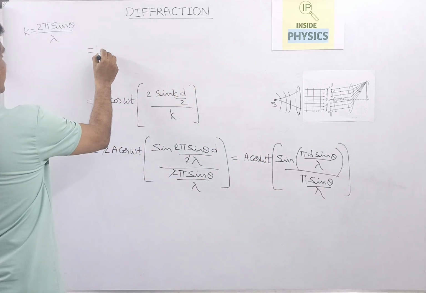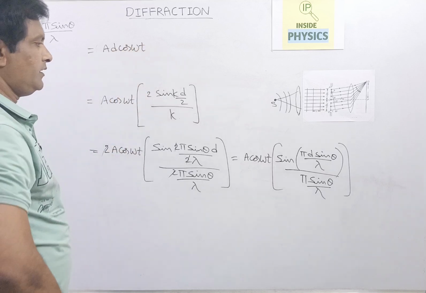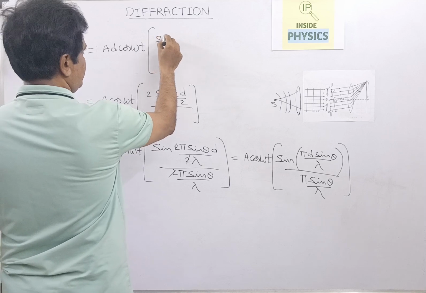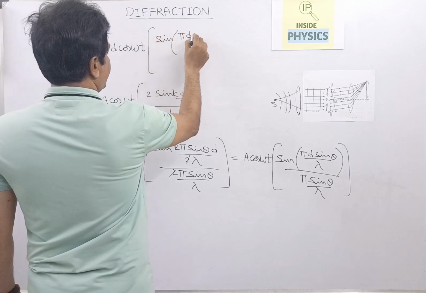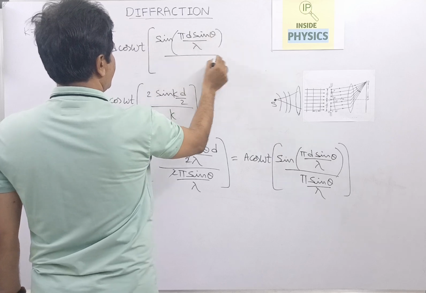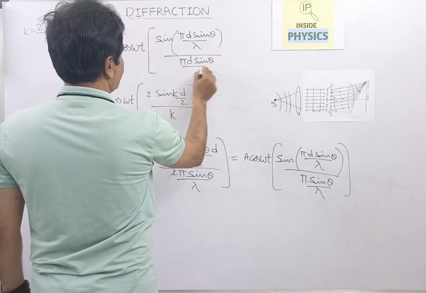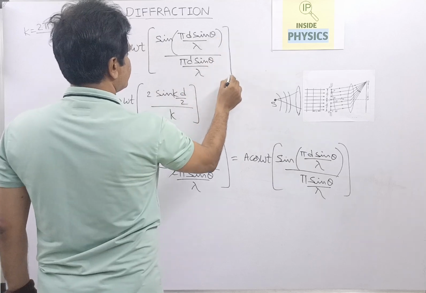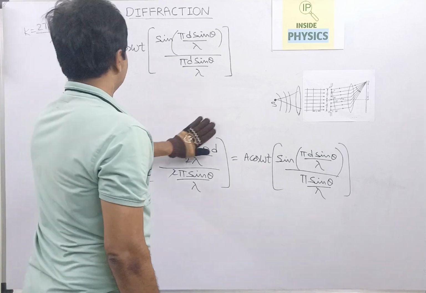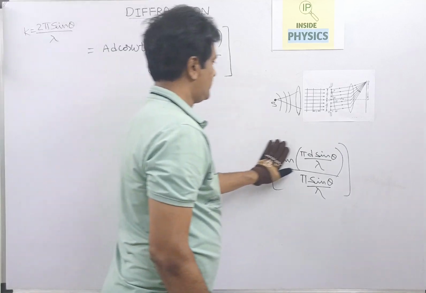So this equation will become AD cos omega t, sin of pi d sin theta by lambda by pi d sin theta by lambda. So here we are coming to the end of this derivation.